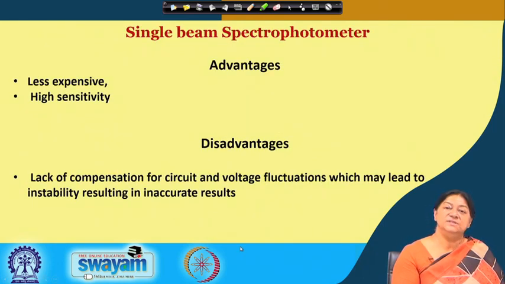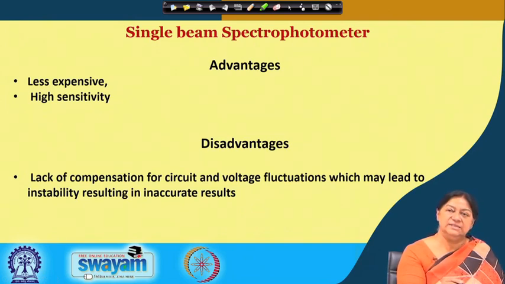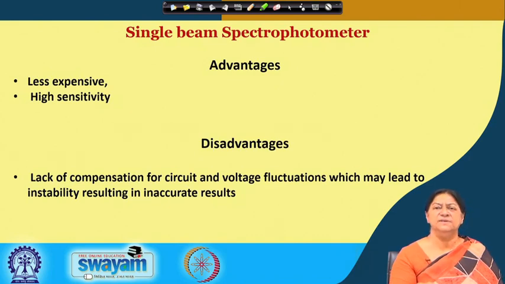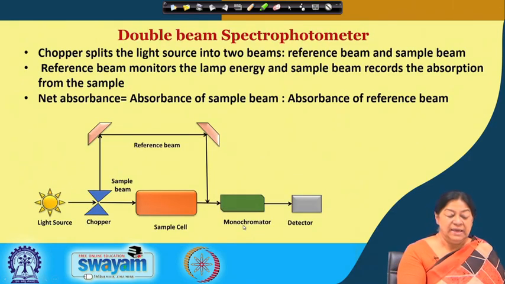The advantage of this is that it is less expensive, and it does have high sensitivity, but sometimes it gives inaccurate results. In a double beam spectrophotometer, we have what is called a chopper that splits the light source, and we have two cells.